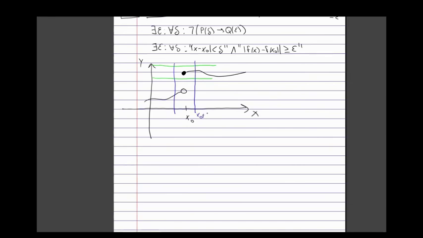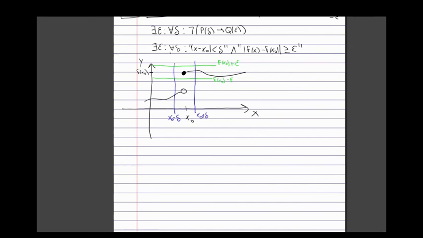This is x naught plus delta, x naught minus delta. This top value is f of x naught plus epsilon. This lower value is f of x naught minus epsilon. And this value right here is f of x naught.